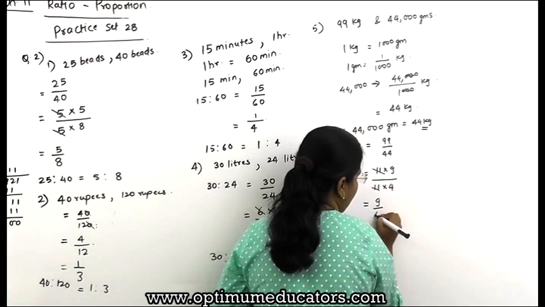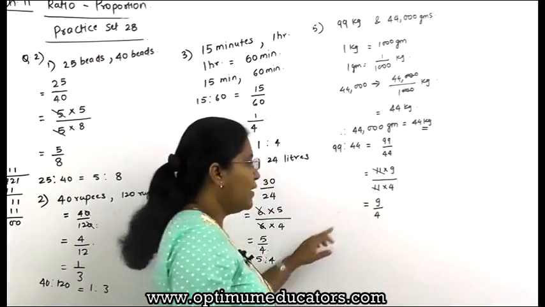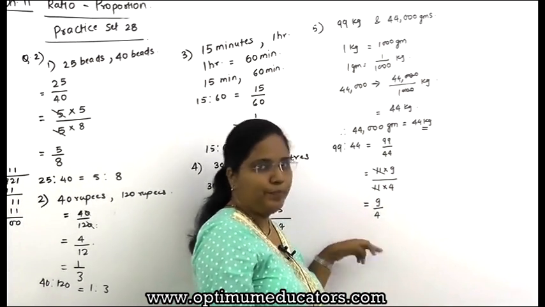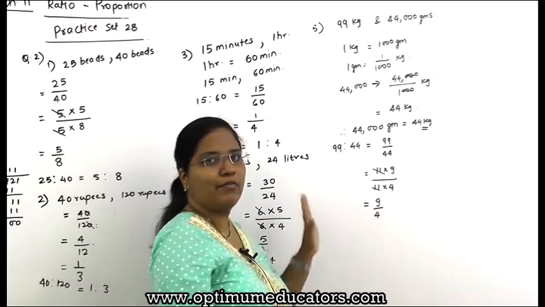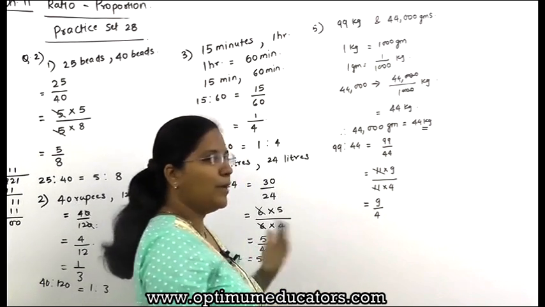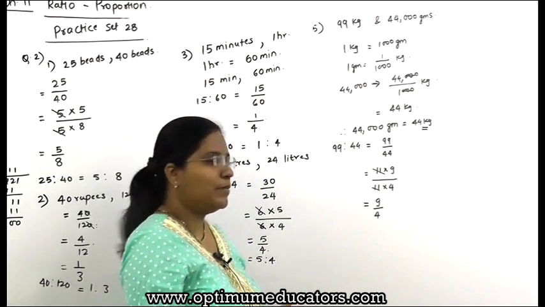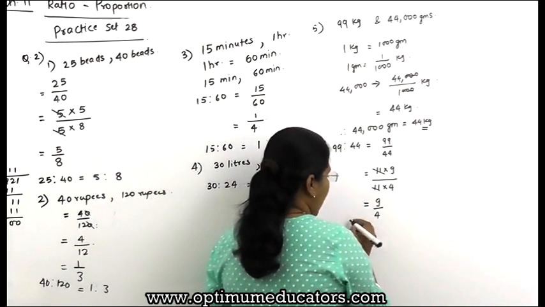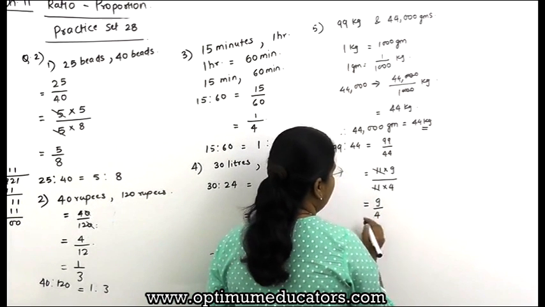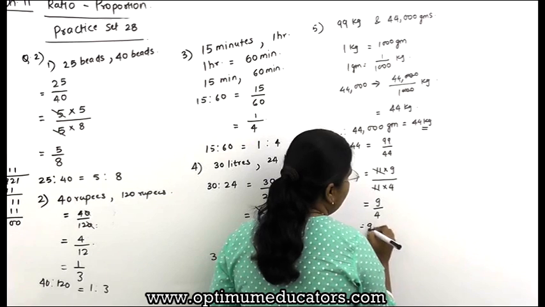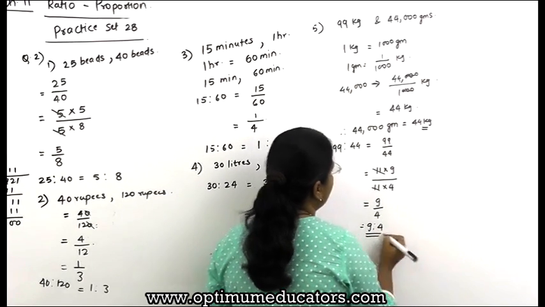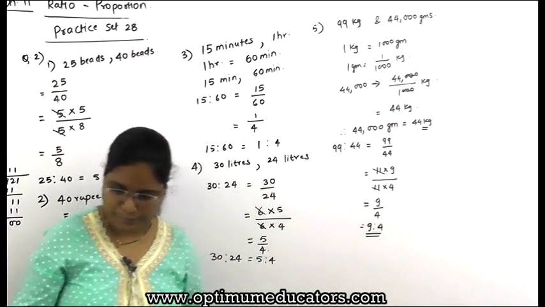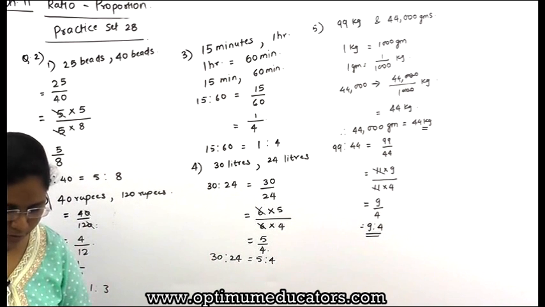What remains is 9 upon 4. Can this be simplified further? No, this is the final equivalent fraction. So 9 upon 4, which is equal to 9:4. This is the answer. Let us go for the next.